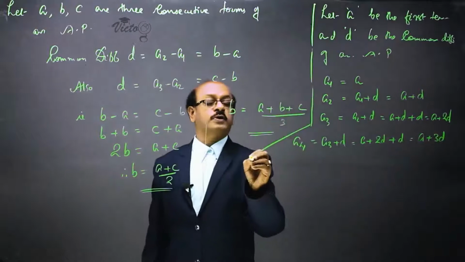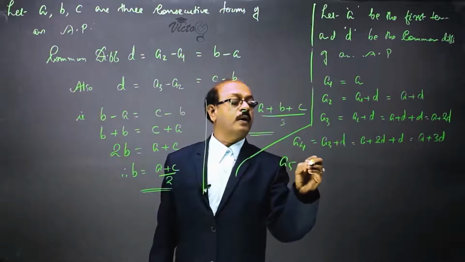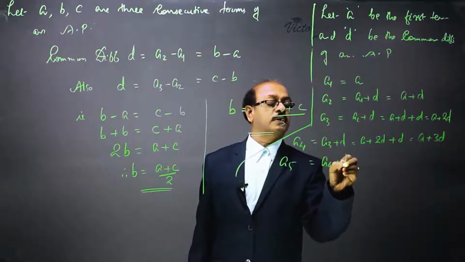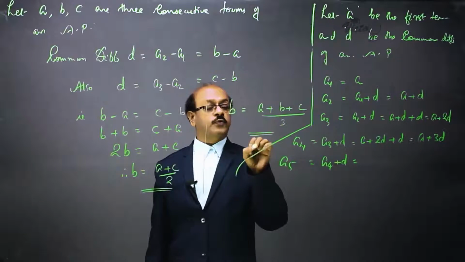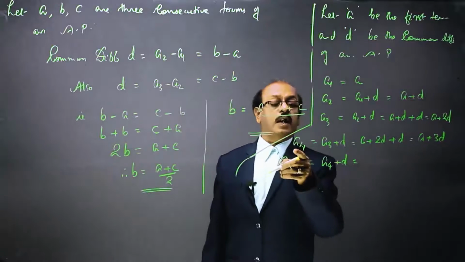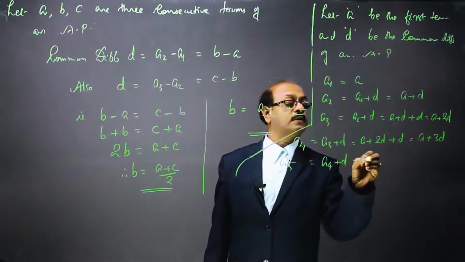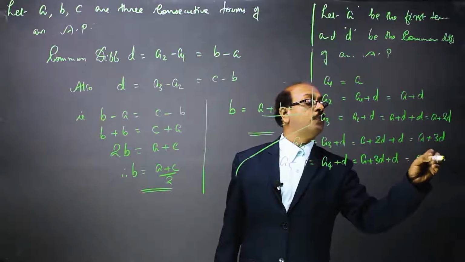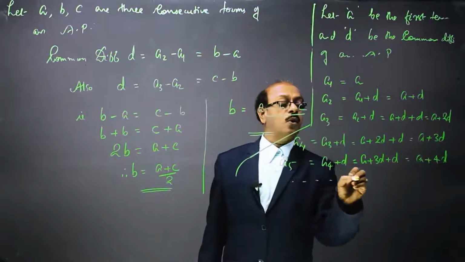One more term. A5 is equal to A4 plus D. That is, we are getting the fifth term by adding common difference to the fourth term. But the value of A4 here is A plus 3D, then plus D is equal to A plus 4D and so on.